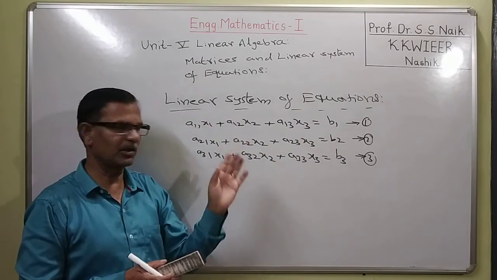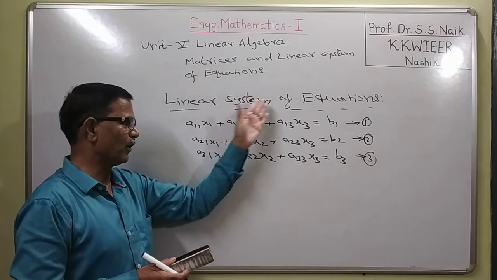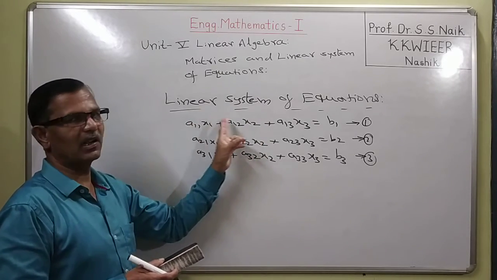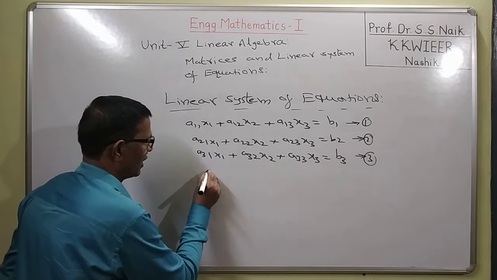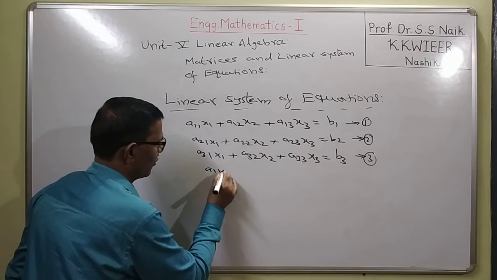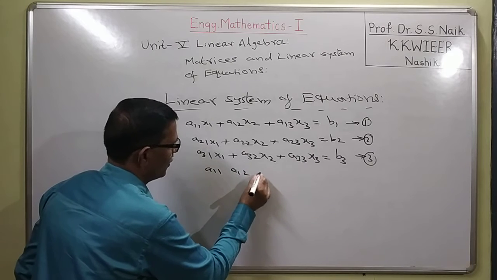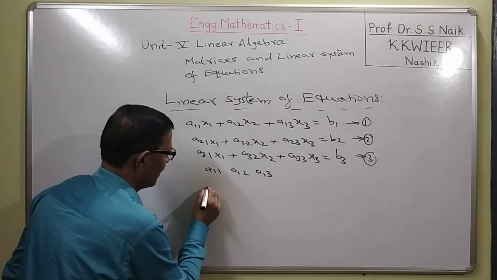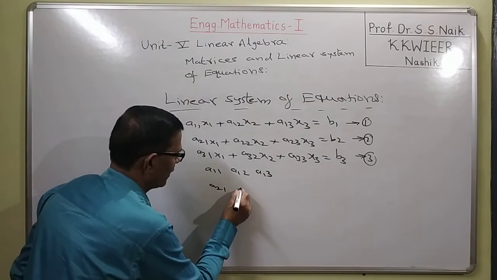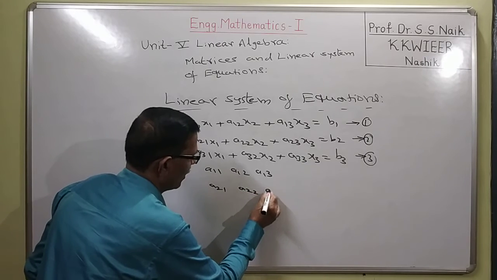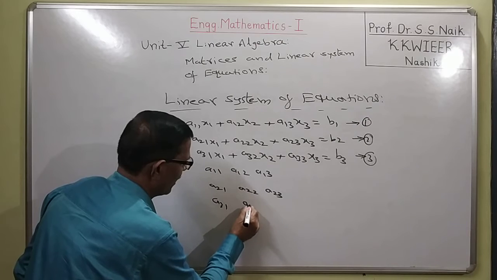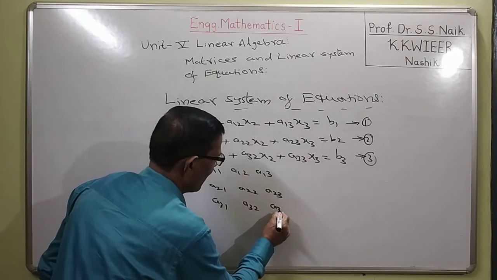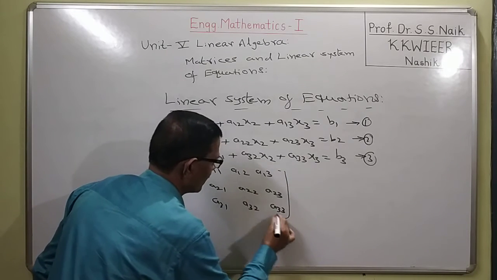Now to solve such equations, what we do is we form 3 matrices for such equations. Those 3 matrices are given by a11, a12, a13, a21, a22, a23, a31, a32, a33.